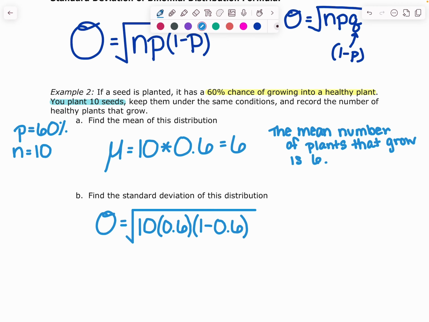So square root, 10, parentheses, 0.6, close parentheses, open parentheses, 1 minus 0.6, close parentheses, enter. I don't have to do any of the steps separately. And that is 1.5492. And that is how we calculate the mean and the standard deviation of a binomial.